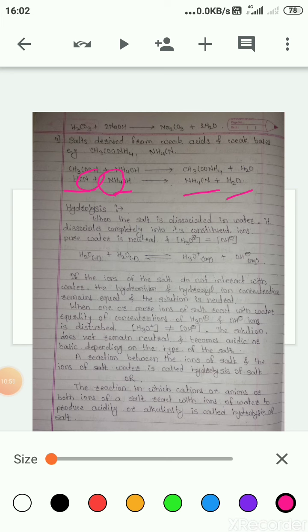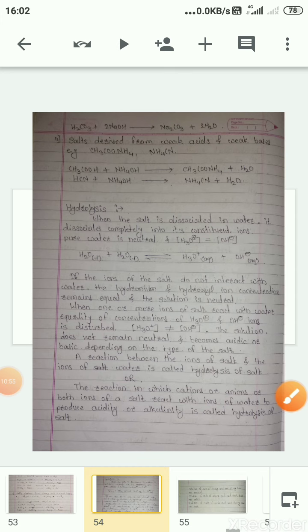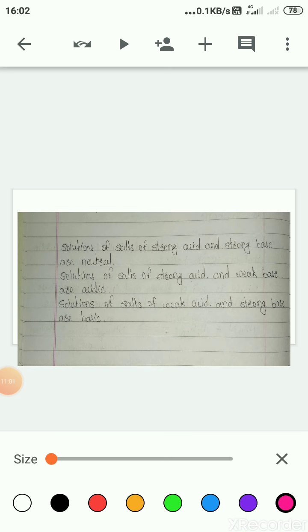Okay, after this we have to remember one important thing about solutions of salts. Whenever we are preparing the solutions of salts, we have to remember that solutions of salts of strong acid and strong base are neutral.